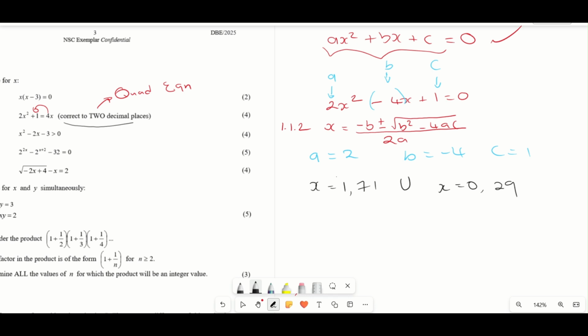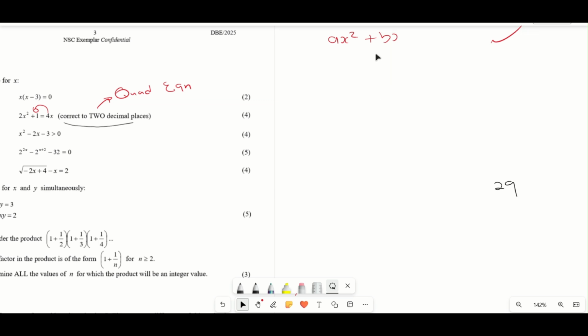So these are the two values that you should get when you substitute into your quadratic formula. Okay, I hope that makes sense. And yeah, let's move on to the other questions.